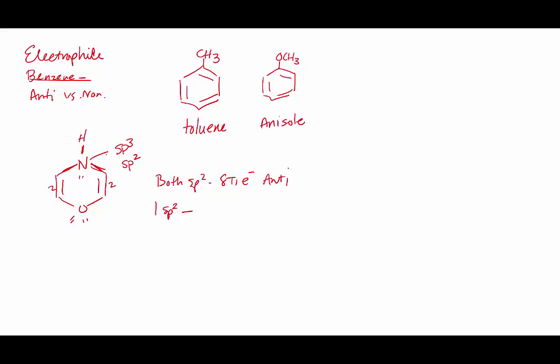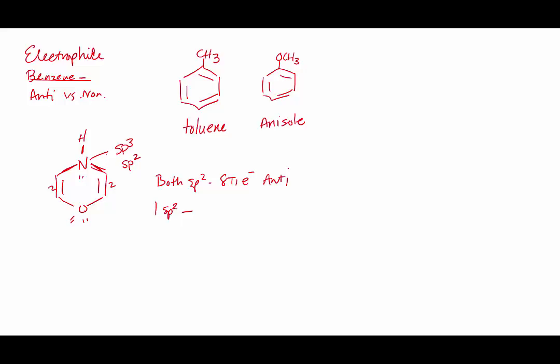The oxygen I'm going to have some problems with because I can't see electron pairs. So I don't know if the electron pair stayed planar or if it went sp3. That I'm going to have a bit of a problem with. So either way, the best answer for this one is that it's non-aromatic because that's the most stable.